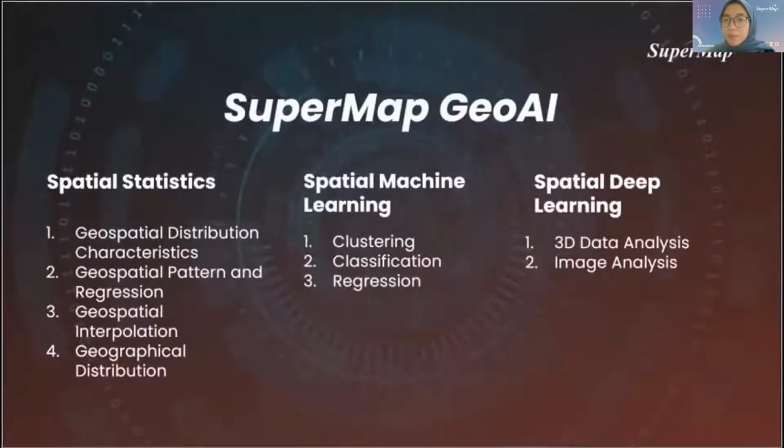So in SuperMap Geo AI, we have three capabilities. The first one is the spatial statistics. The second one is spatial machine learning, and the last one is spatial deep learning. So each of them has different functions. The first one, spatial statistics, is a series of methods for analyzing spatial data using statistical theory.